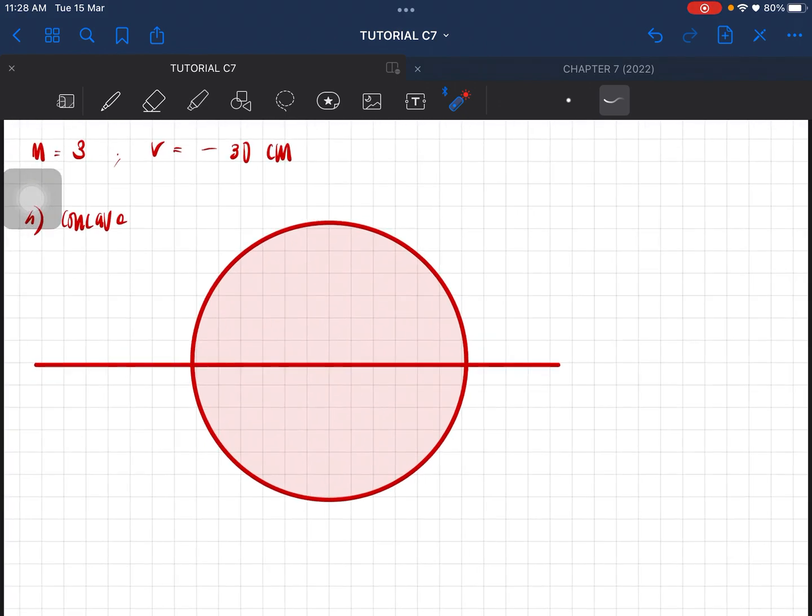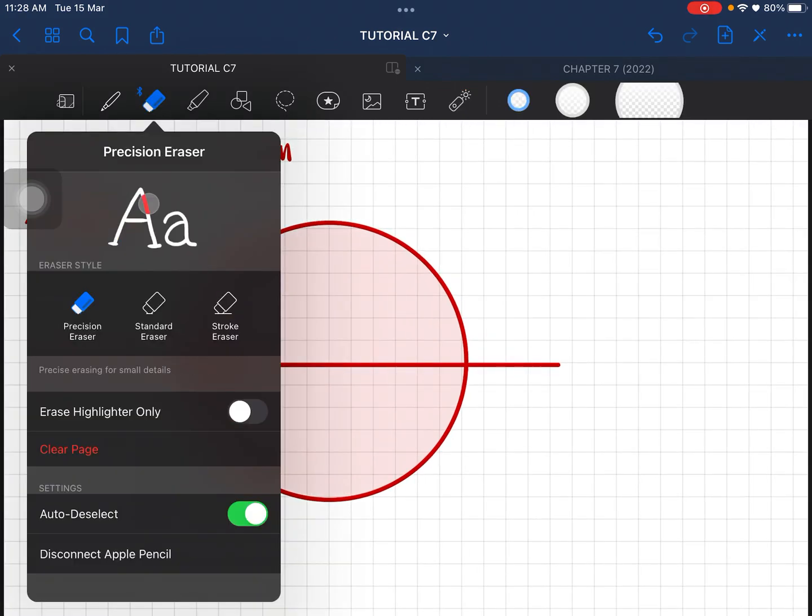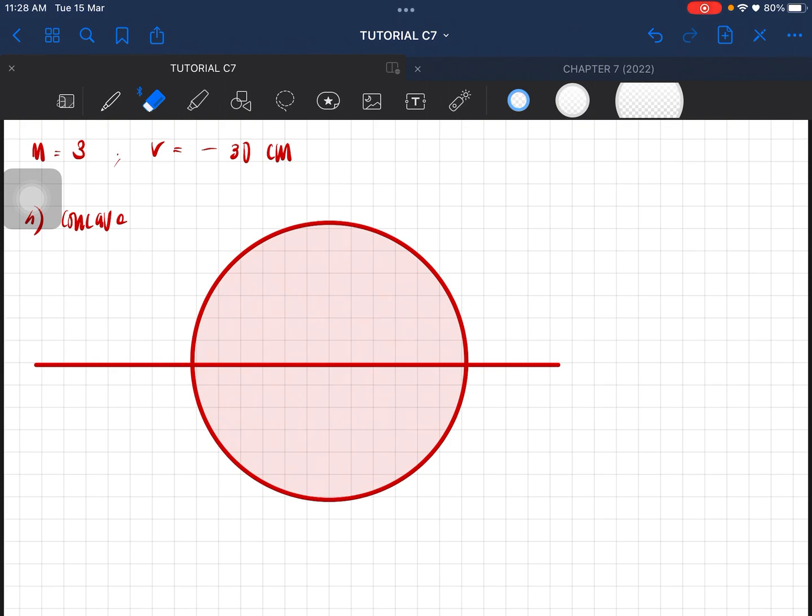Okay, that is done, and the center of curvature will be here.